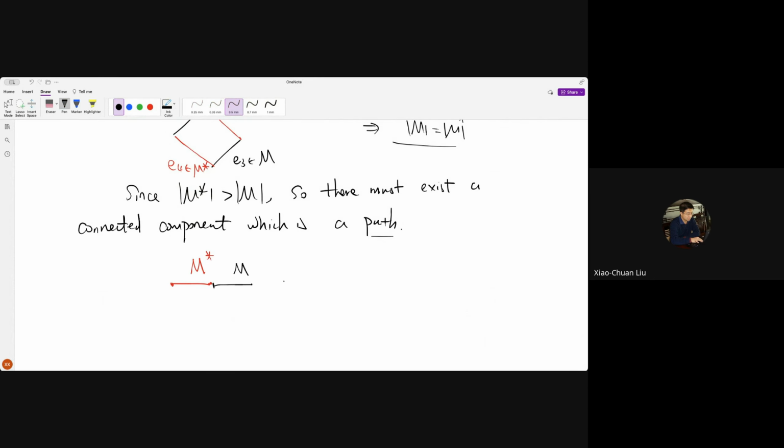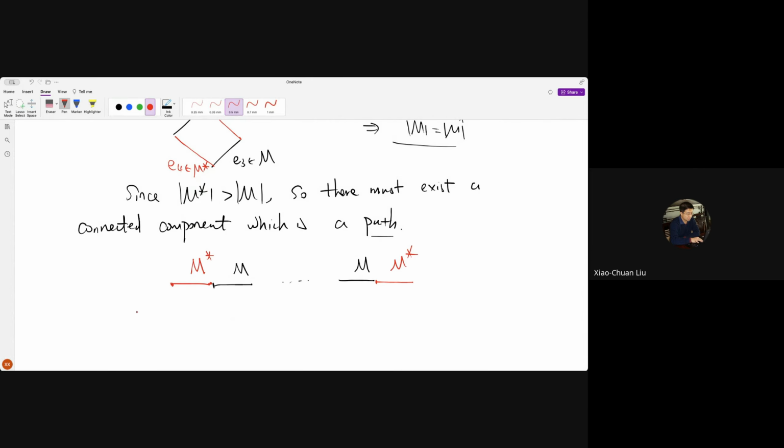And then here is an edge from M and the final edge from M star. So there is one more edge: the number of edges in M star is one more than the number of edges in M. So you have this situation.